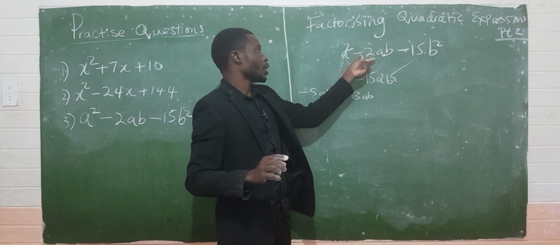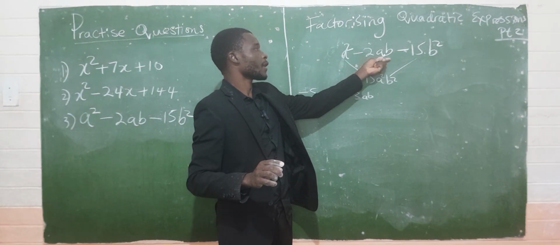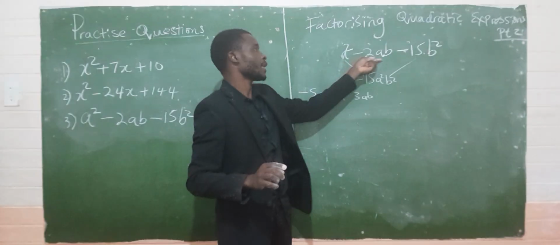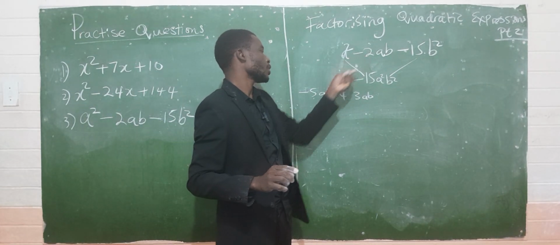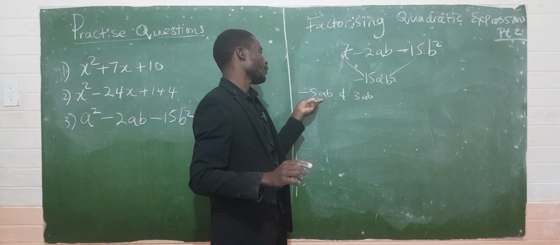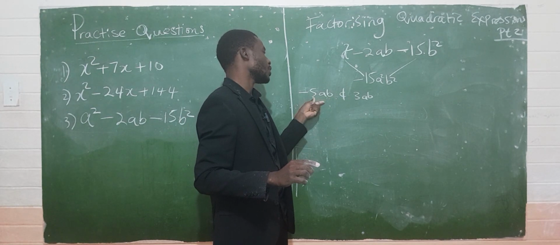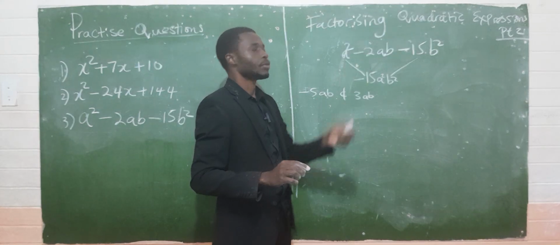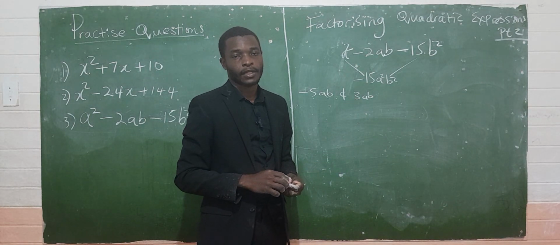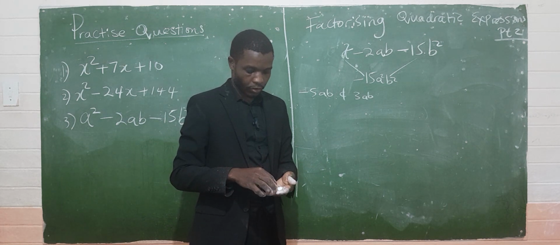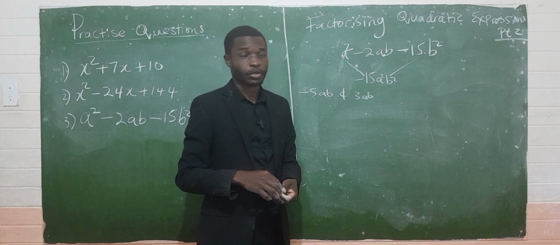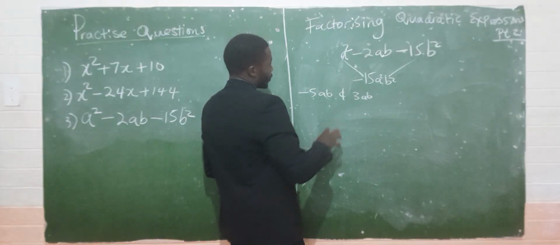Secondly, you want your bigger factor to carry the sign that is carried here. This is going to be a negative, so definitely you're going to give 5ab the negative sign, so that when you do the addition, your answer will still remain as a negative. Otherwise, that's just the trick that will help you easily see which one you give a negative and which one you give a positive. Let's go ahead.